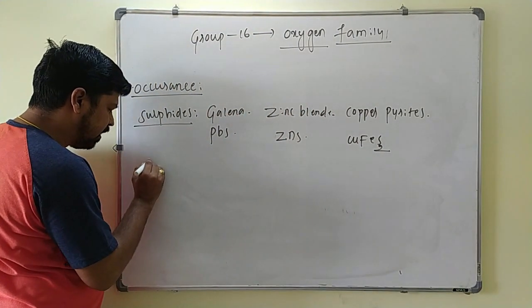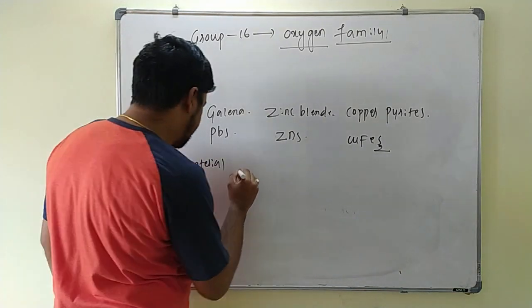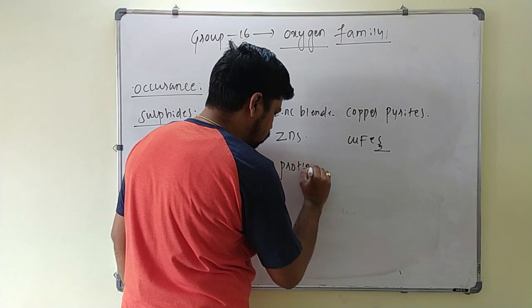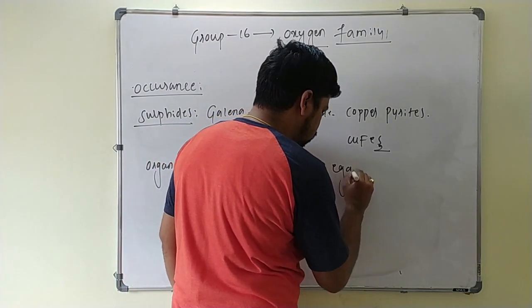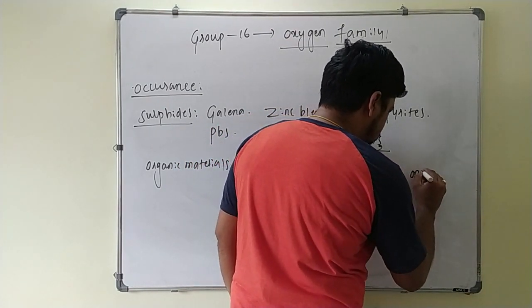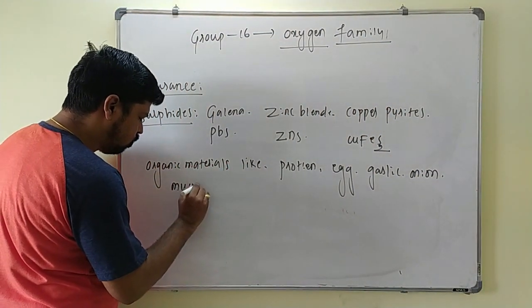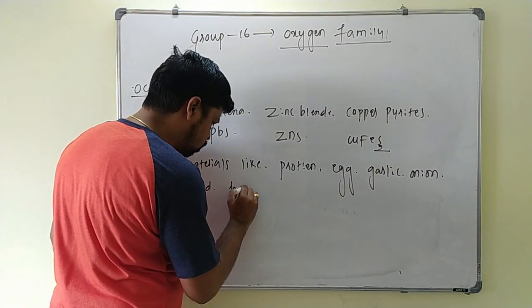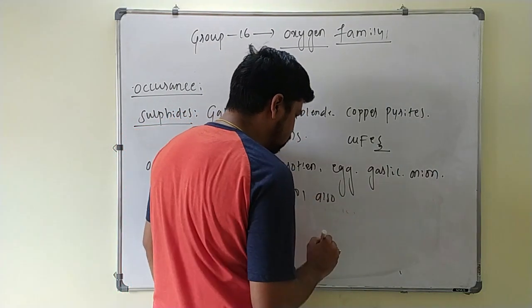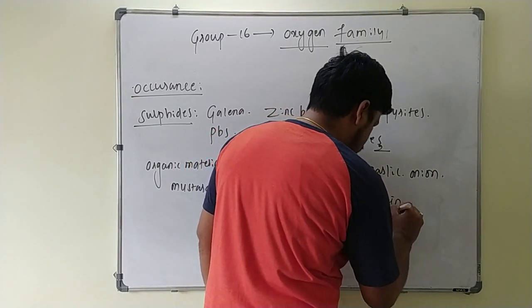Next thing, organic materials like protein, egg, garlic, onion, mustard, hair and wool also contain sulfur.